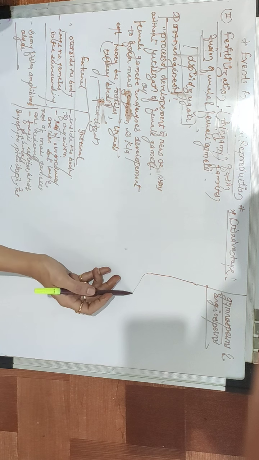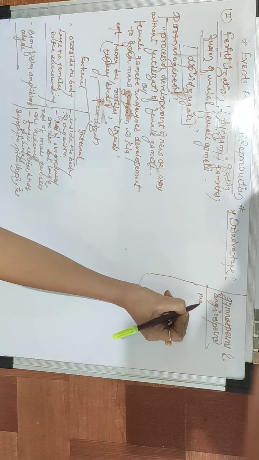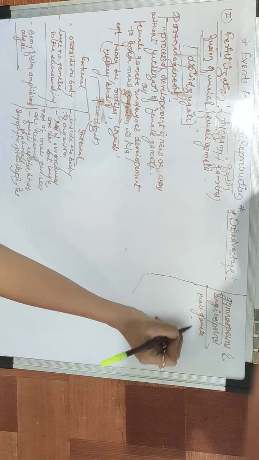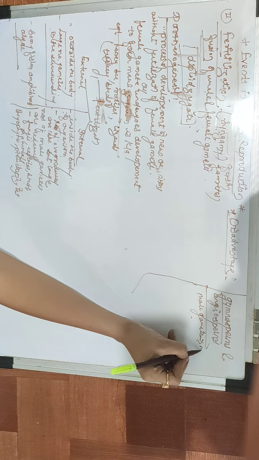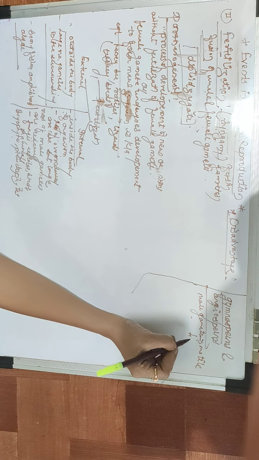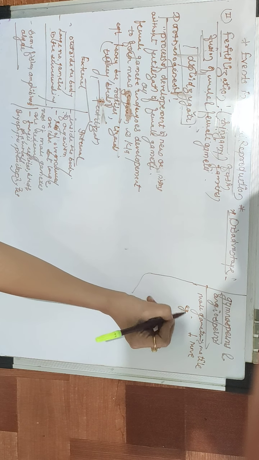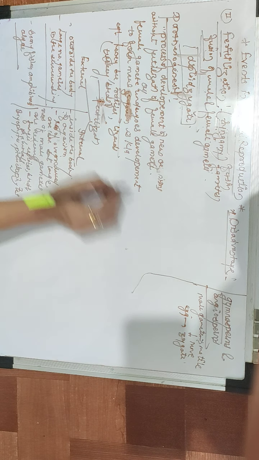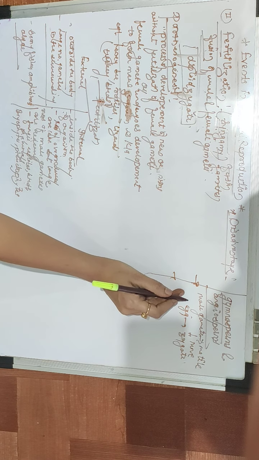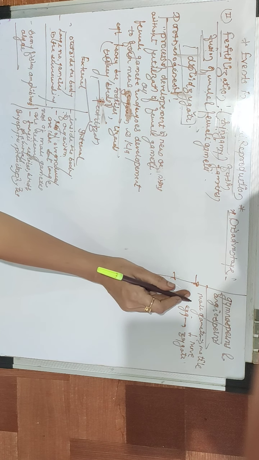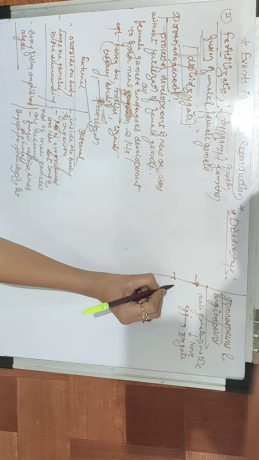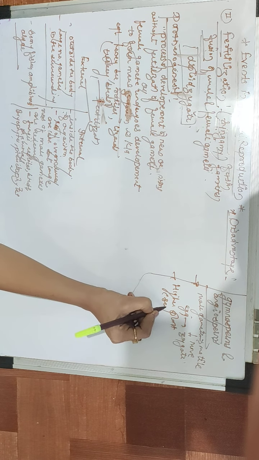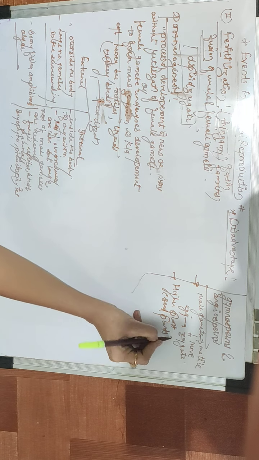So what is happening generally in animals? The male gamete is motile and has to move to the egg to form a zygote through the process of fertilization. This is the case in animals. What happens in higher plants, called seed plants?